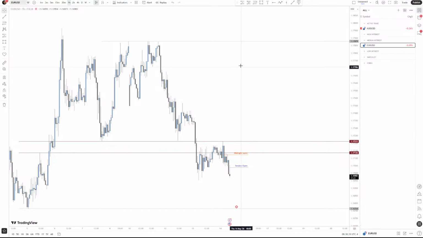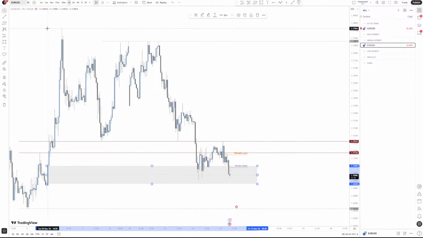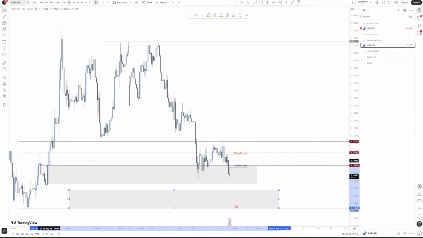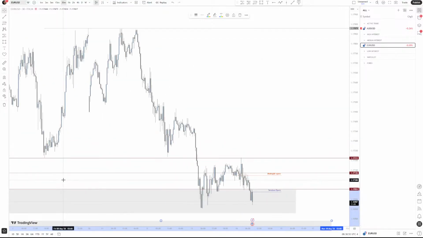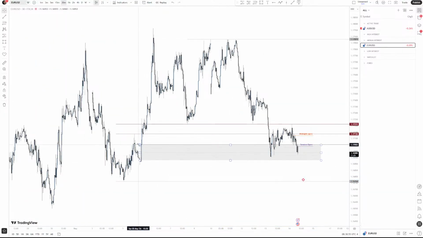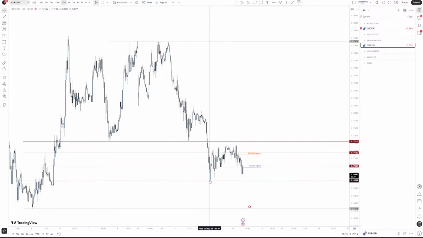We also have this imbalance over here. I don't know if we're at the midpoint of this 1 hour fair value gap. So we've basically filled this fair value gap right here, just that little gap.